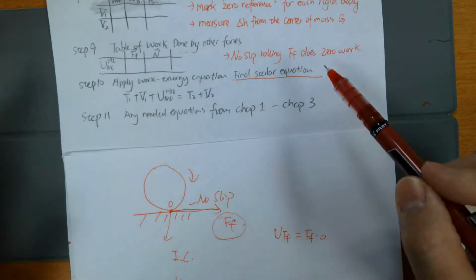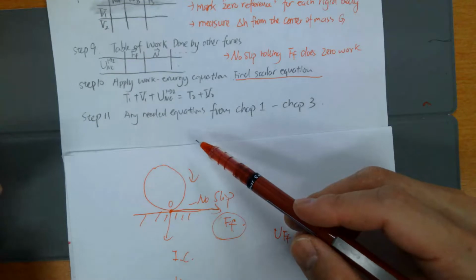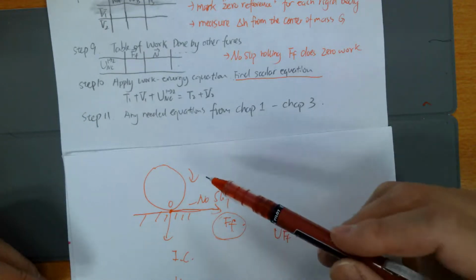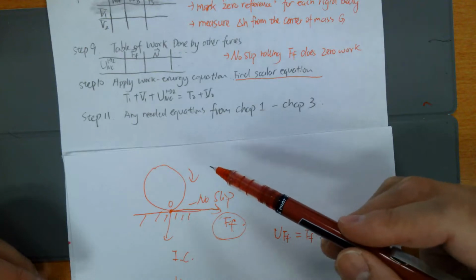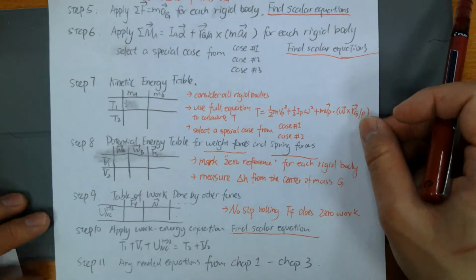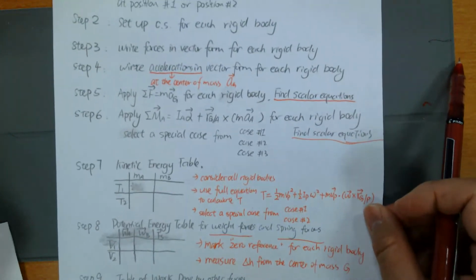But usually you will need acceleration equations or velocity equations from chapter 2 for rigid body kinematics. Okay, so those are the 11 steps that will get you through to solve any problems in this section 5B.